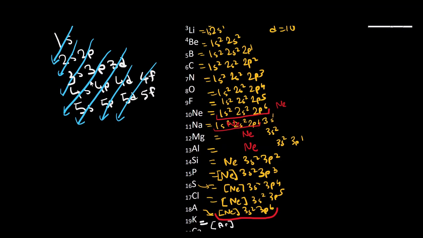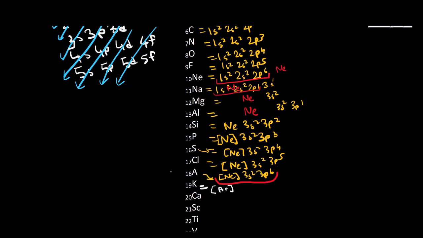Okay, so now we are going to start with 4s again. So 3p6 is over, so now we start with 4s1. And as we know, S can have 2, and Ar 4s2. Okay, we are done with 4s.